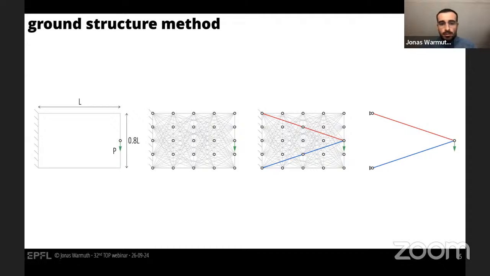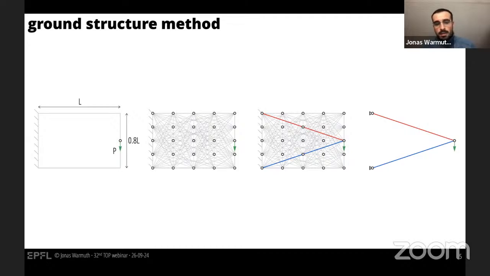We then add a grid of nodes and we interconnect those nodes, which is then our ground structure. Then we run a layout optimization that aims to minimize volume. We would end up with a structure, for example, like this on the right-hand side, which is the most efficient structure for the boundary conditions that we gave.